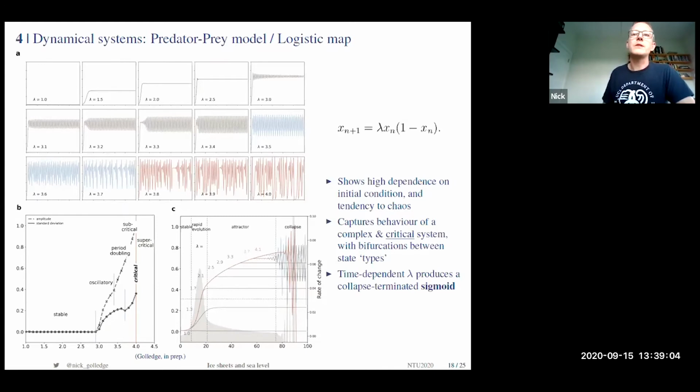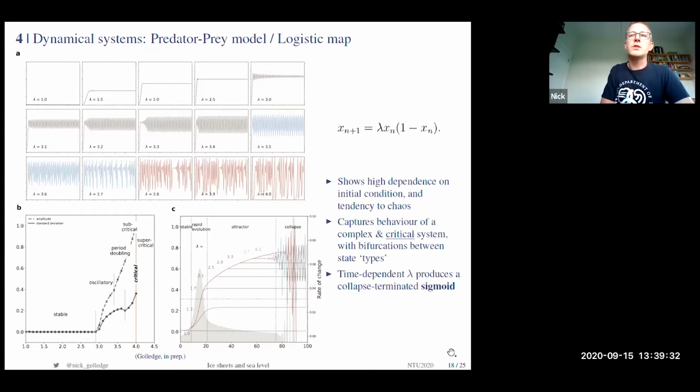And here we've got a very simple equation which has been known about for many years, and it's one of a family of equations like the Lorenz equations, where depending on an initial state, you can get very different outcomes. And what we're showing here is just how this one equation predicts evolution of a system that depends on that initial condition of the value of the lambda term in that equation.